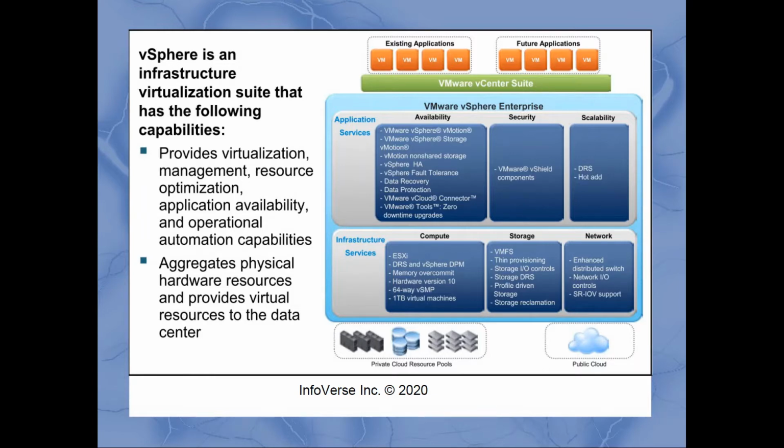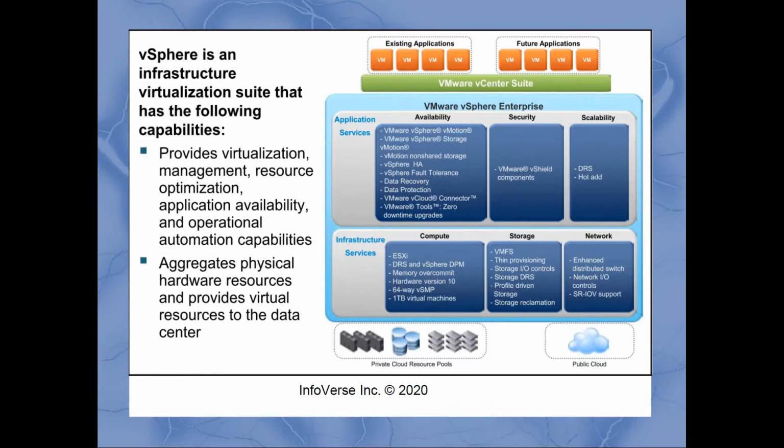As shown in this graphic here, it's a bit dated, but still most of the topics are still of use here. So we've categorized this in 6 different areas. We have availability, security, scalability, compute, storage, and network.